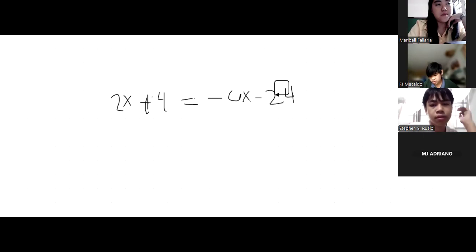Our first step is we're going to transfer, and then change the sign.